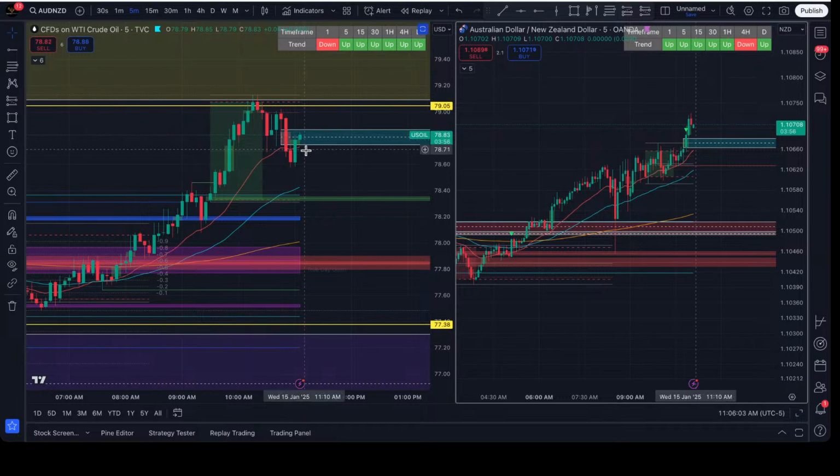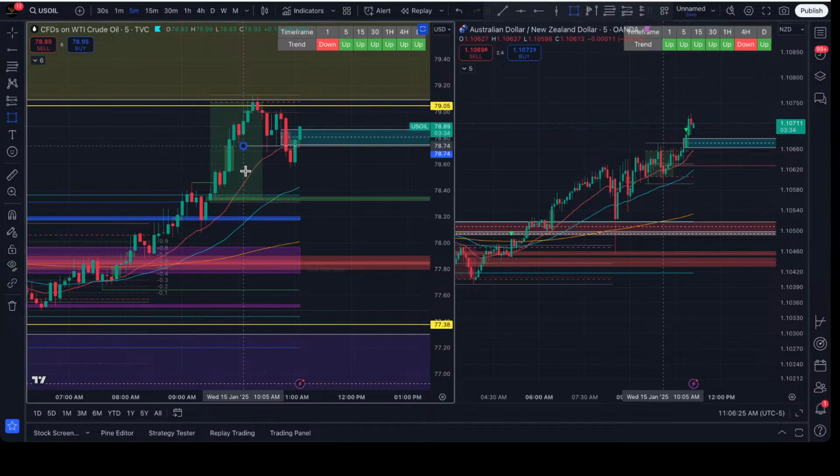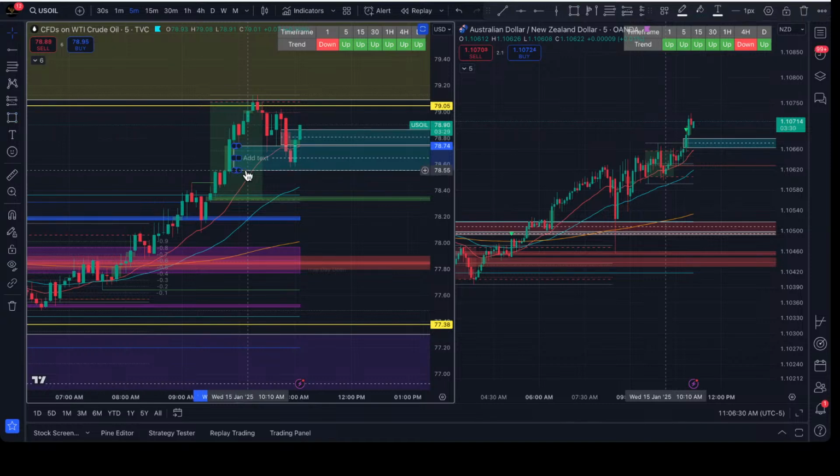Oil now, let's see if it actually pushes past this fair value gap or if it continues down. So it's playing these two fair value gaps.